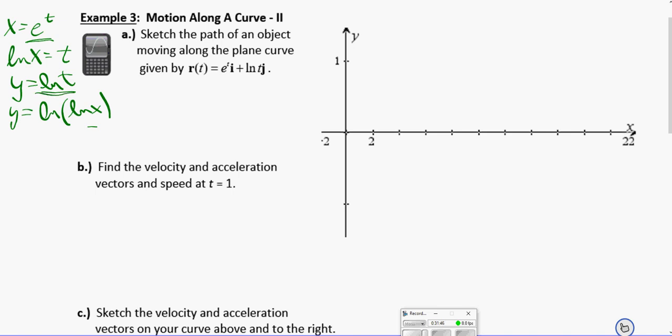Here, the range for y is the range of the natural log function, which is negative infinity to infinity. t has to be greater than 0, so x is going to be greater than e to the 0, x is going to be greater than 1. So we do get a vertical asymptote, and the graph looks like this.